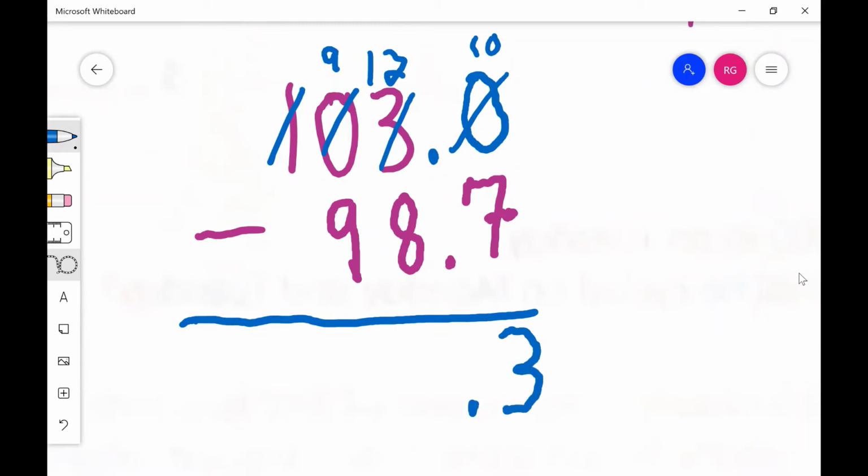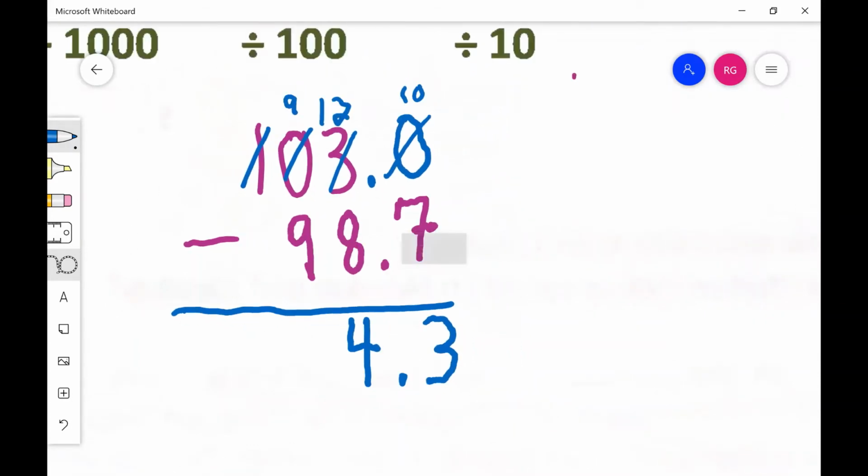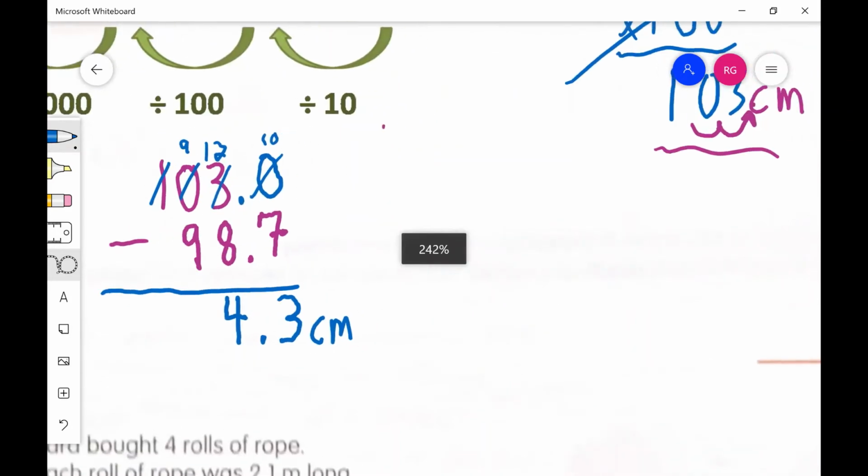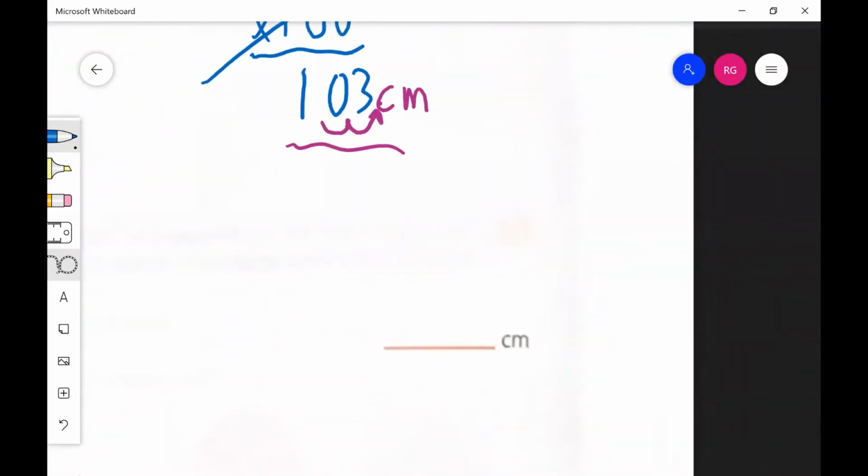Okay, 12 minus 8 should be 4, and 4.3 centimeters. Is that the right answer there? 4.3 what? Centimeters. 4.3 centimeters. You are correct. Thank you. Okay, so we have 4.3 centimeters for that one.